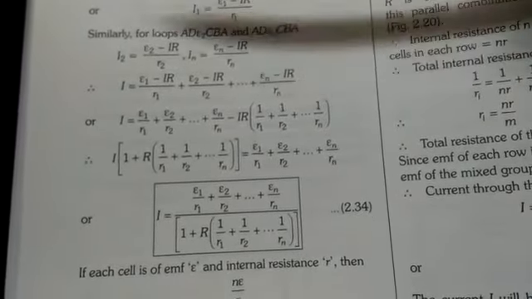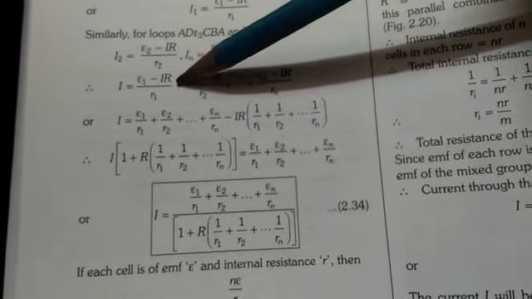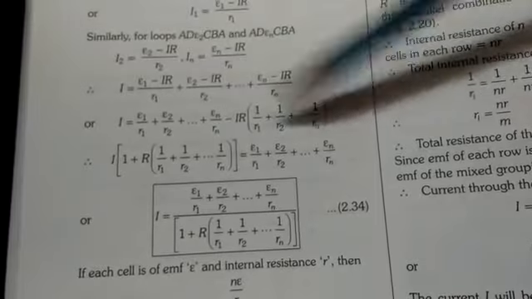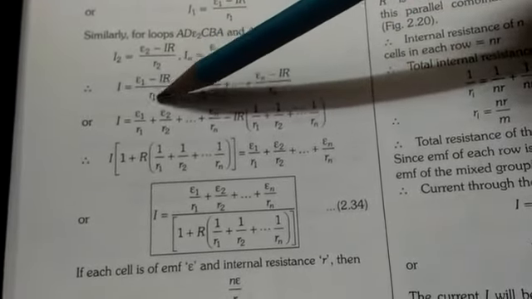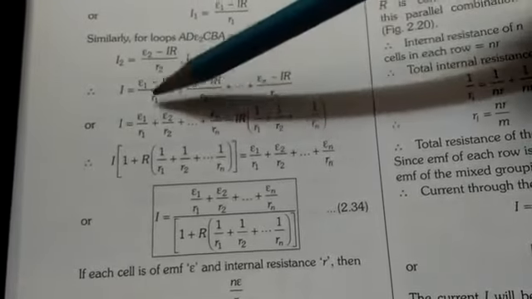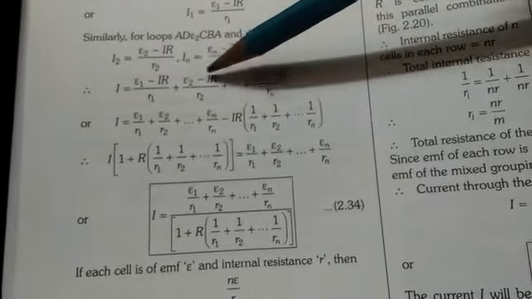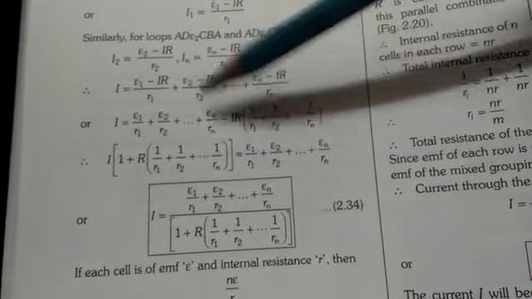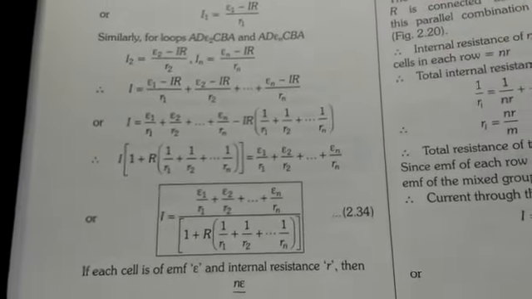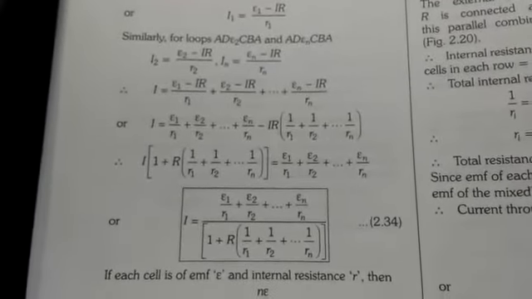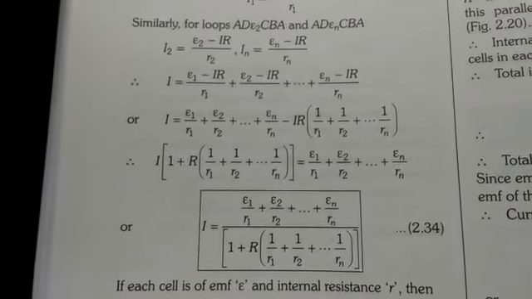Okay, then IR is common term in all of them. Okay, so IR and R1, R2, R3, this we separate. All the positive terms we keep together, all the negative terms, you can see here negative terms, that we keep together. Okay. Now further solution of this equation we will see in second part.